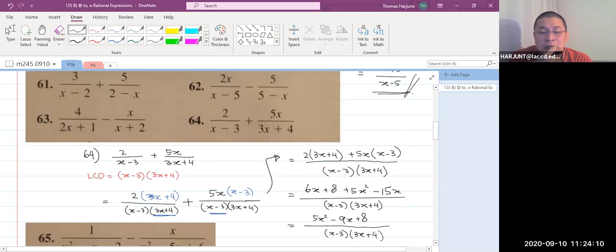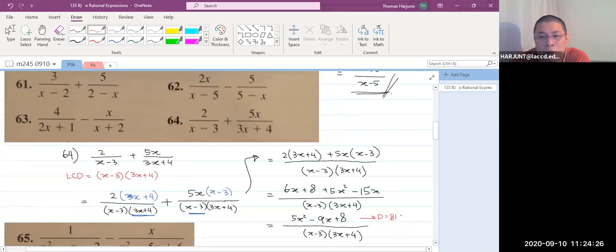Now, is the numerator factorable? The numbers are too big and I'm lazy to check, so let me just check the discriminant. That's b squared, which is 81, minus 4ac. The b squared comes from negative 9 squared, minus 4ac.